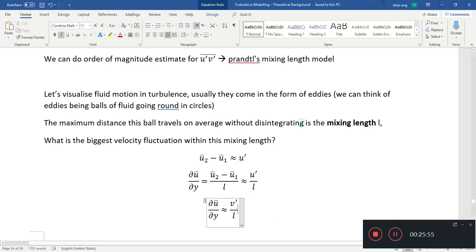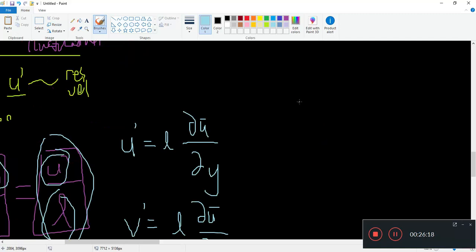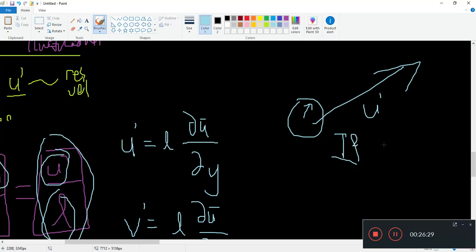And why is this disintegration thing important? It is because if the fluctuating part of the velocity is so big within this ball, let's say this is u prime, if u prime is too big, we will get disintegration.